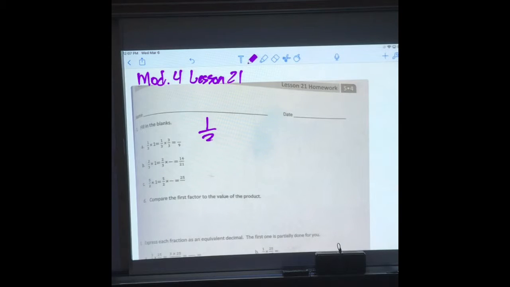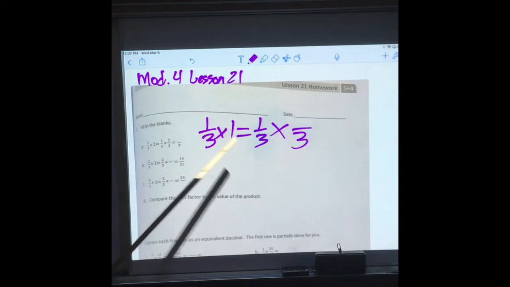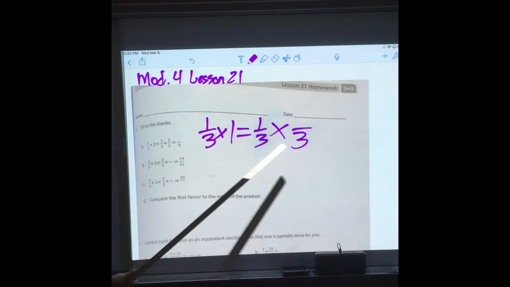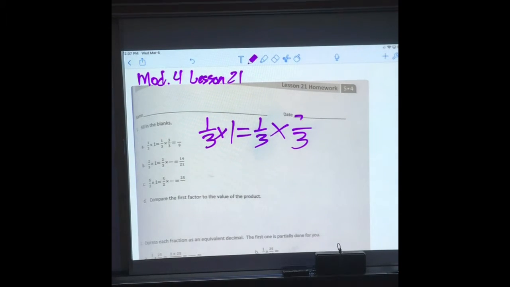Well, we have a third times 1 equals a third times... Here's my question. If I had a 3 here and I want to make it a 1, what would have to be on the top? 3. It would have to be a 3, right?